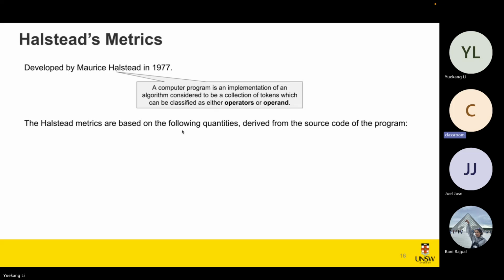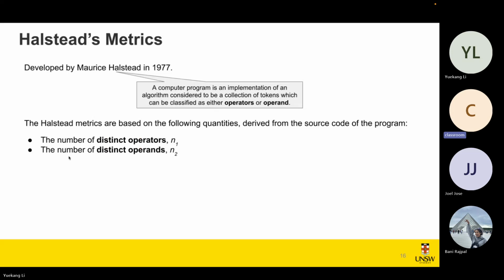It is based on the following quantities here. There are some concepts here, and we will learn them through some examples later. You don't need to remember everything in this slide right now, but we will go through it anyway. The first variable used for calculating Halstead complexity is the number of distinct operators, denoted as lowercase n1.